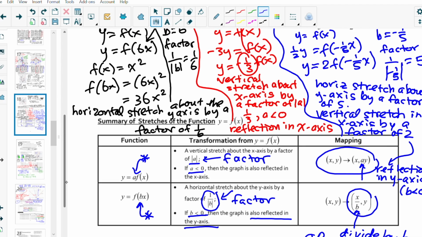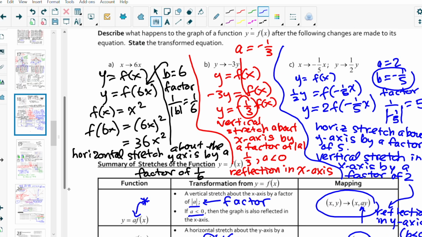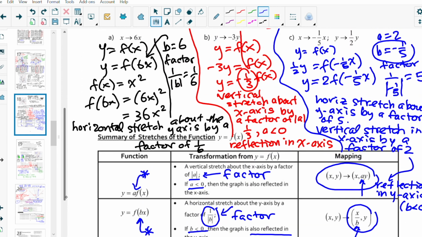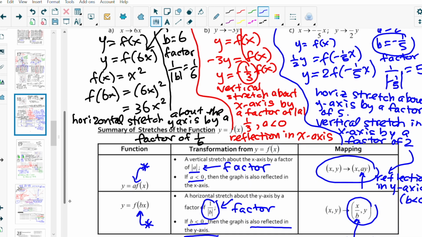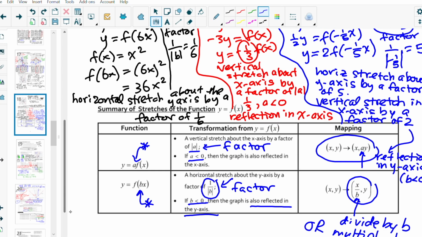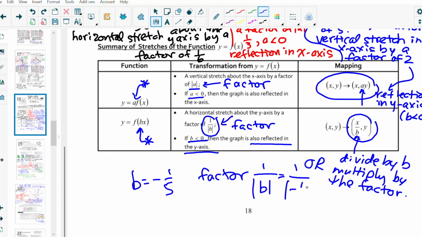Okay, so in this example here, I have b equals negative 1/5. The factor, so if b equals negative 1/5, the factor you multiply by is 1 over absolute value of b, which is 1 over 1/5, and that equals 5.